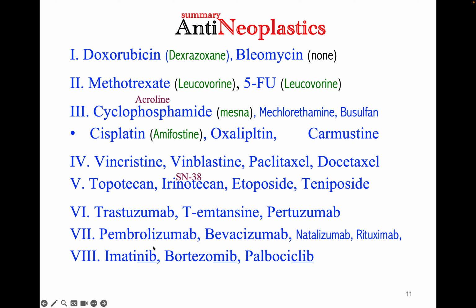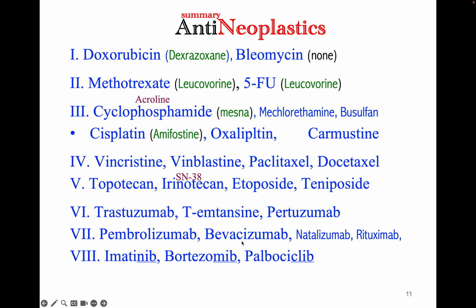It is a very effective agent, a PD1 receptor binding drug. Then bevacizumab, not much, there is GI side effect, but that's not going to be asked. Only pembrolizumab, I wanted you to remember the mechanism of action. Bevacizumab, same thing. For all these drugs, mechanism of action is super important.